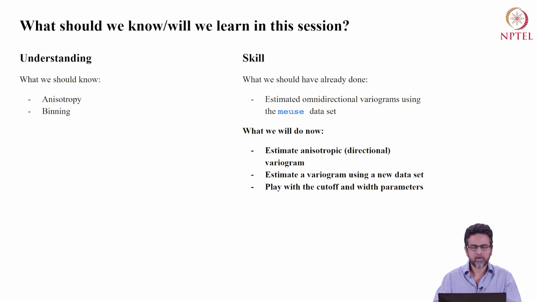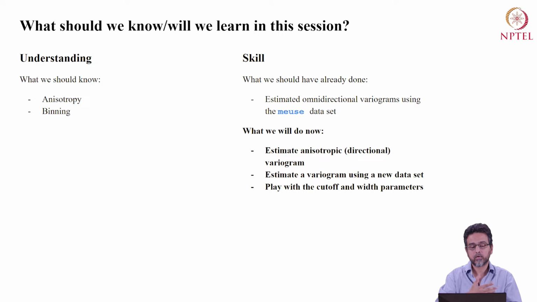But when we do that, what you should be familiar with, which I will not necessarily explain, is the idea of anisotropy: that spatial variation is not necessarily similar in all directions. It's not isotropic. Things vary spatially in one direction in a different way than in another direction.